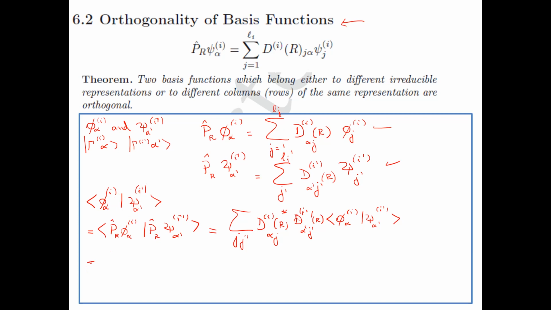I can say this is equal to 1 over h, and I can sum over r. Okay, so I have a sum over j prime, and I can sum over r, and you may have already seen where this is leading us. This is leading us to the wonderful orthogonality theorem once again.